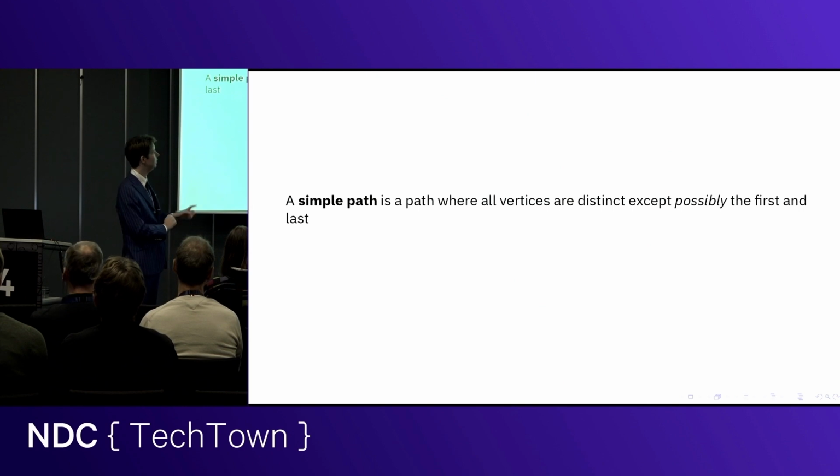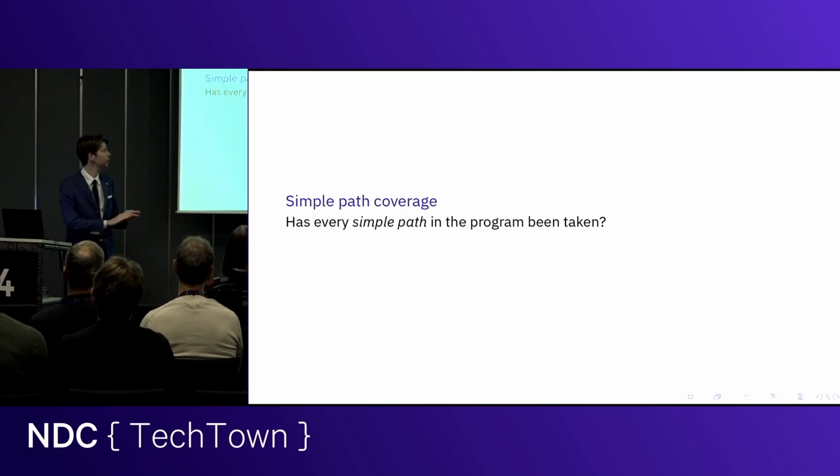The first and the last thing helps us with loops. That means you can execute the full loop. And that gives us a useful definition of simple path coverage. Has every simple path in the program been taken at least once? That's what we want to figure out.